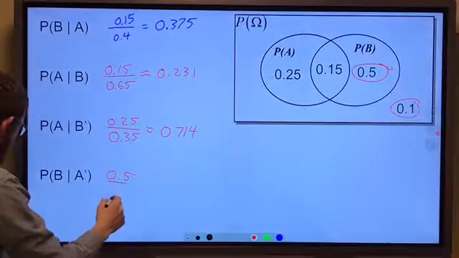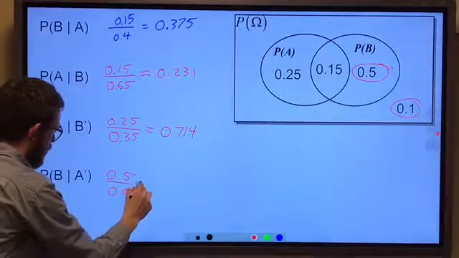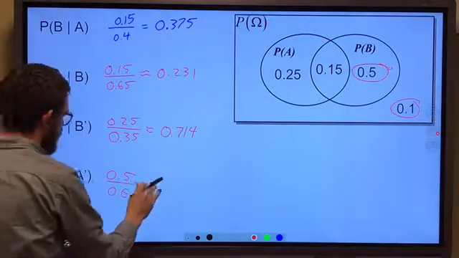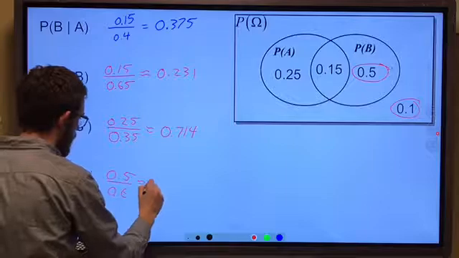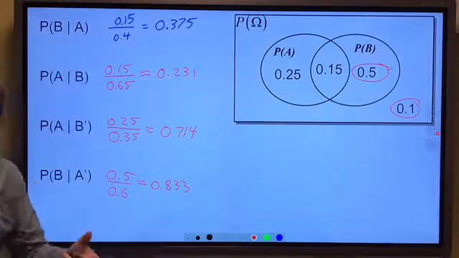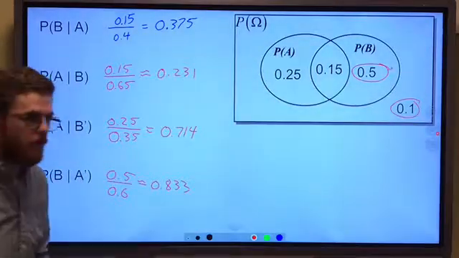That's everything that's not A. So that is 5/6, which comes out to be about 0.833 if we round again to the nearest thousandth. Okay, so that's using a Venn diagram for it.